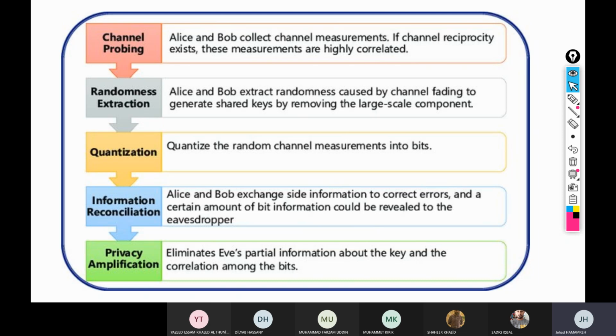Now the transmitter can use the pilots within the data in the uplink transmission to estimate the channel, which is going to be the same as the downlink in most cases. So Alice and Bob collect channel measurements. If channel reciprocity exists, these measurements are highly correlated, which means that the channel estimated at Bob is more or less the same as the channel estimated at Alice.